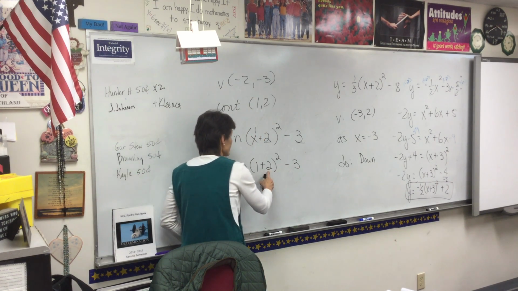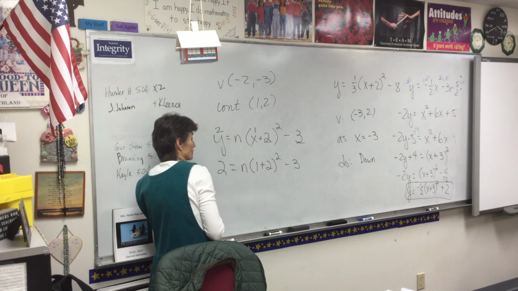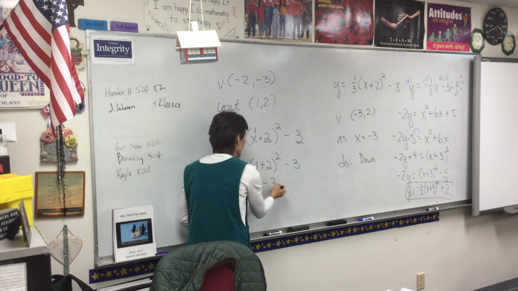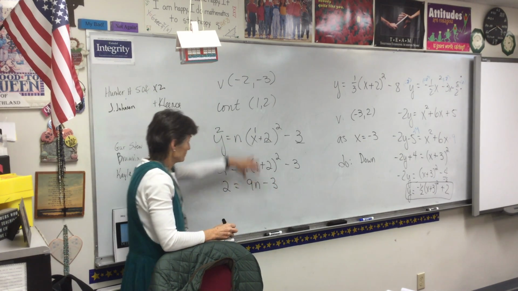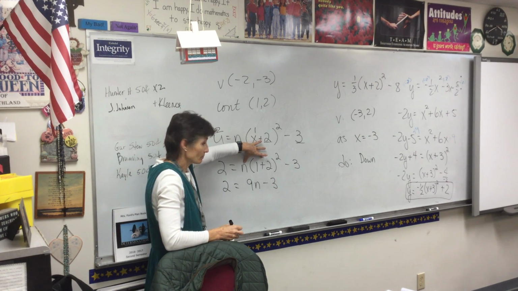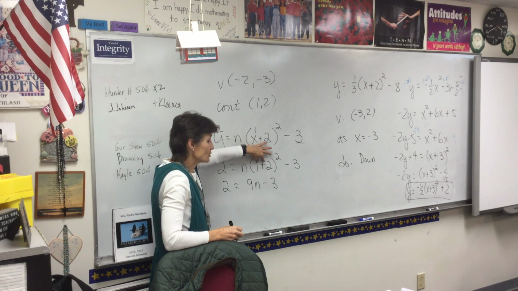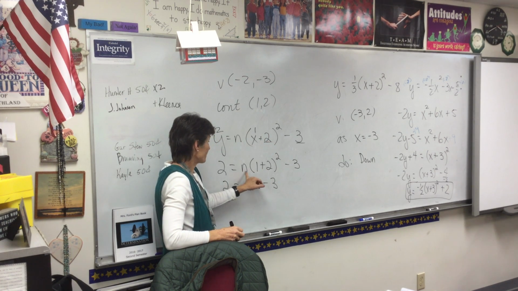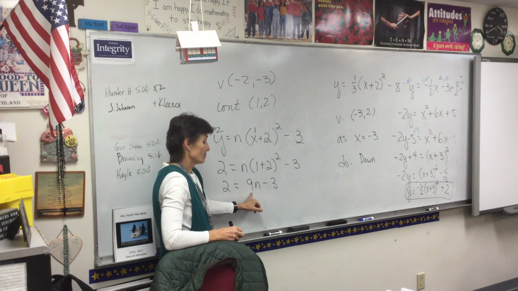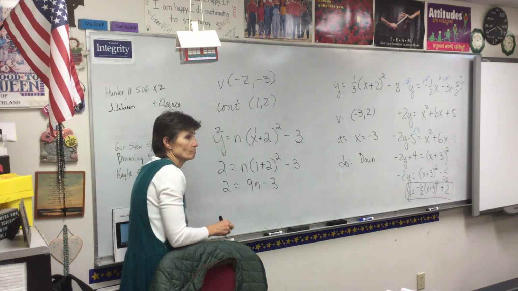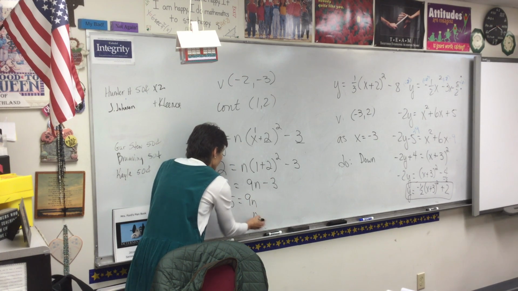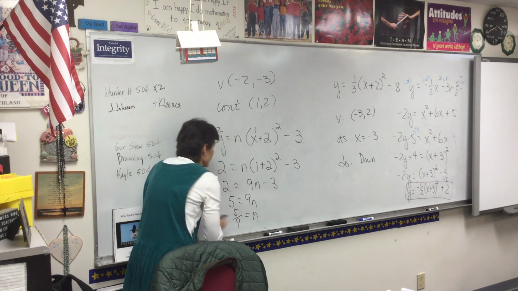So what's 1 plus 2 squared? So 2 equals 9n minus 3. Everybody got that? 1 plus 2 squared is 9. So I have 9 times n. How do I solve that? Add a 3, divide by 9.